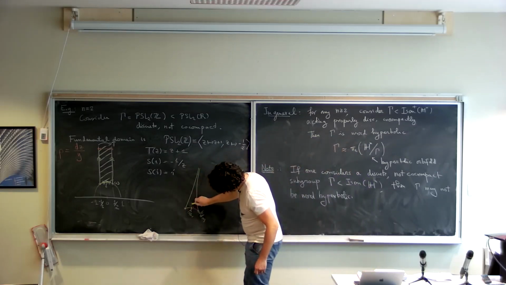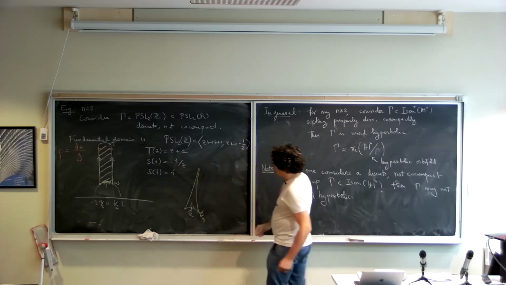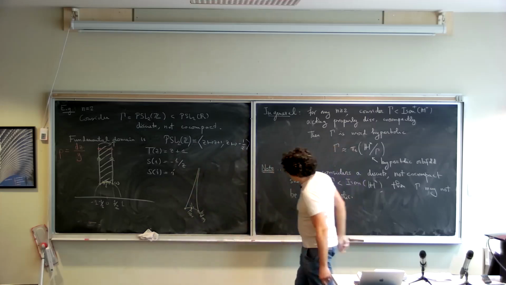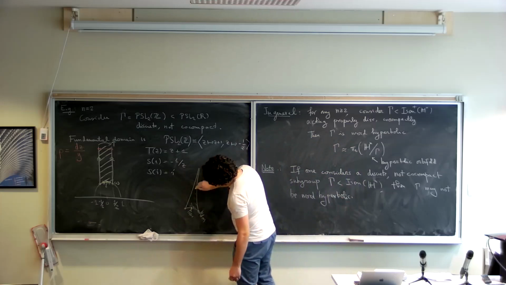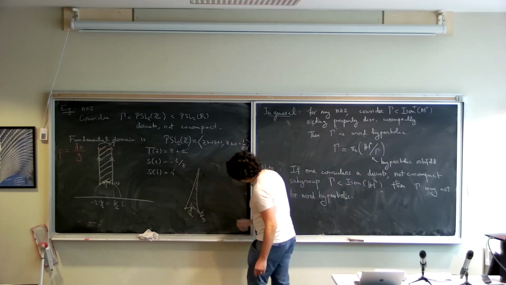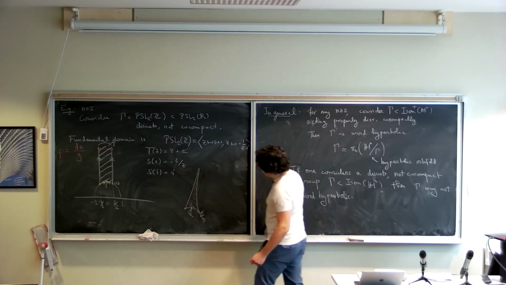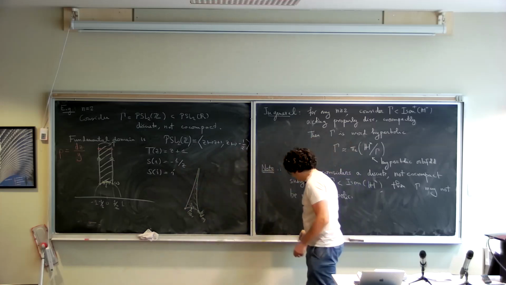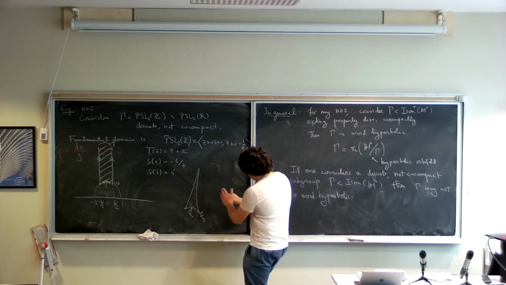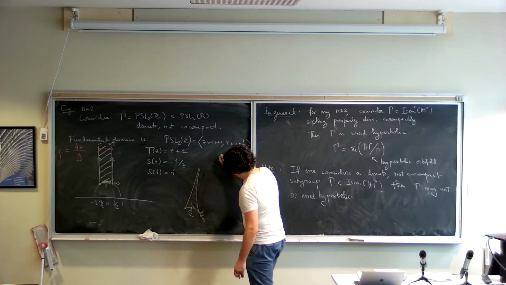Well, one way to say it is you can cut here and fold there. You have this half, and you have this other half, which is sort of the back side, and you fold them. So in the end, you get a surface that looks like this.